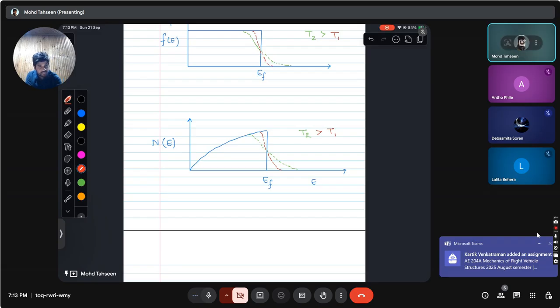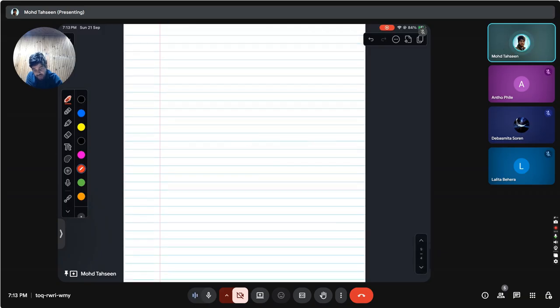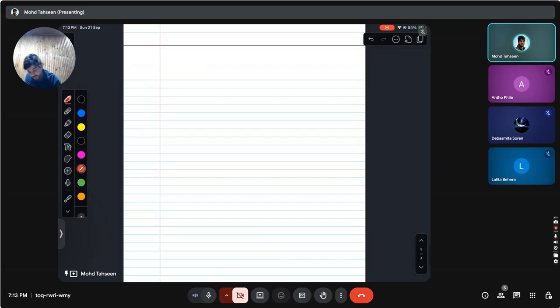So let me just rewrite the equations that we derived above, and then modify them slightly for a more generic situation. So NT of E, the total number of filled states at an energy level E, is equal to 1/6 pi and then n cube.